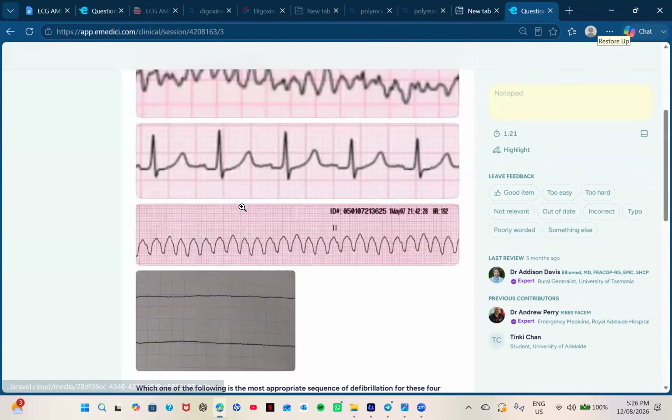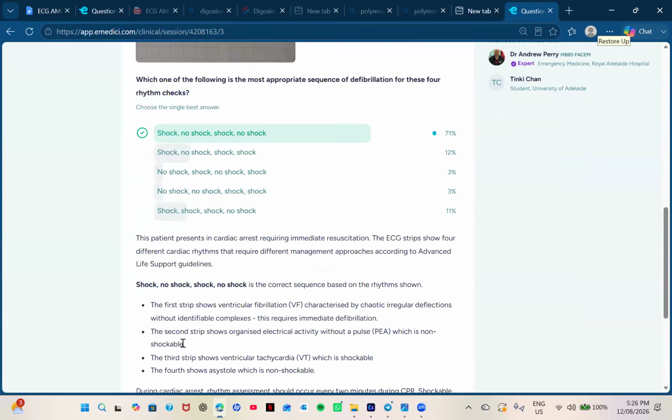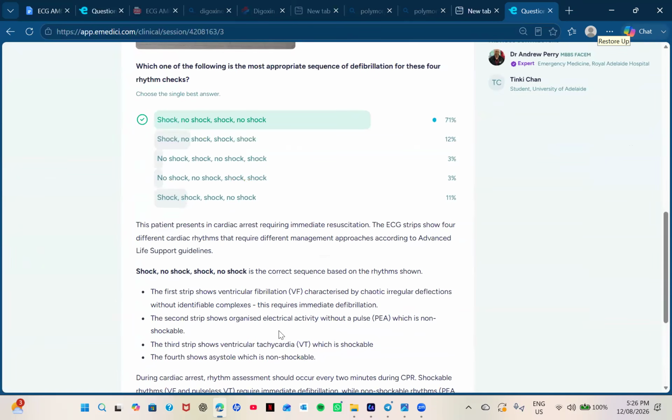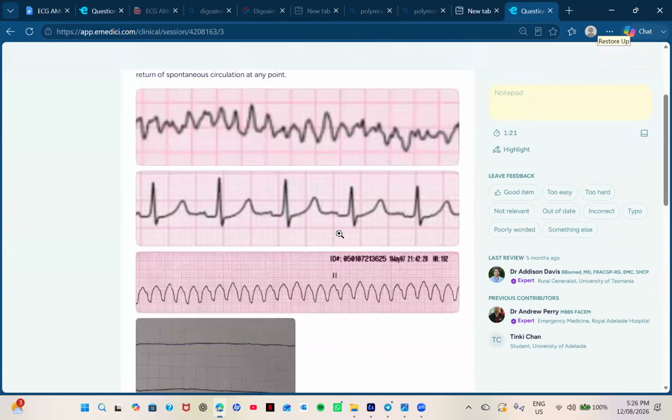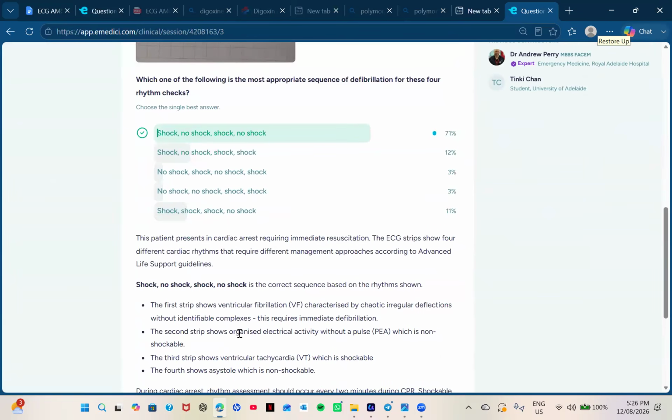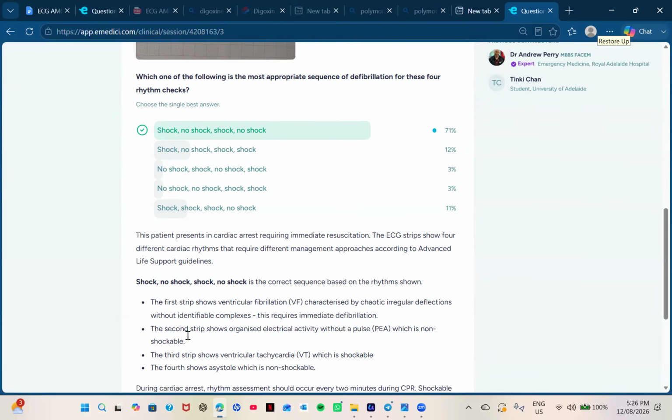The second strip shows organized electrical activity without a pulse. What do we call it? It's PEA. PEA means they have electrical activity but no pulse, so it's not a shockable rhythm.